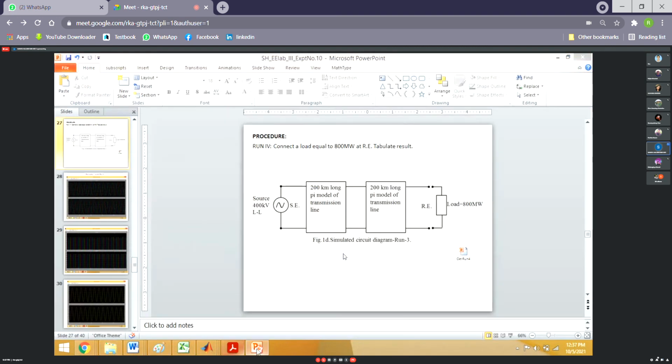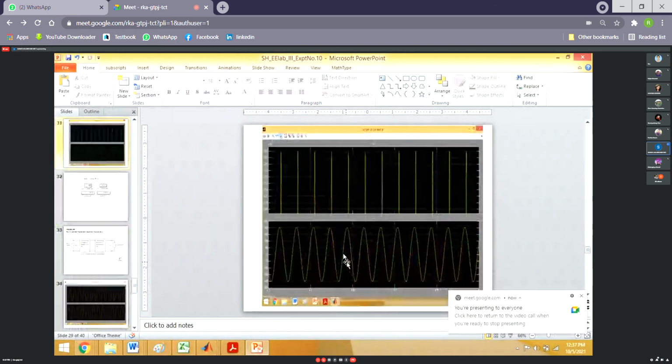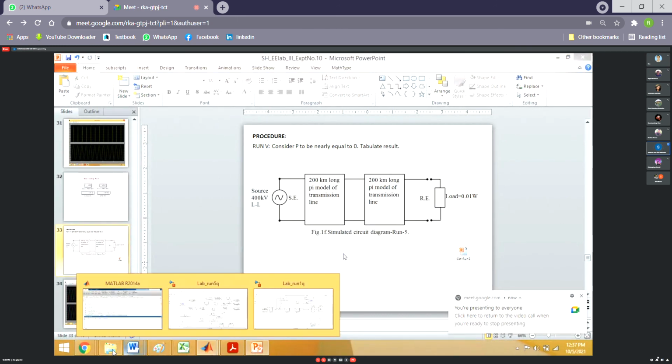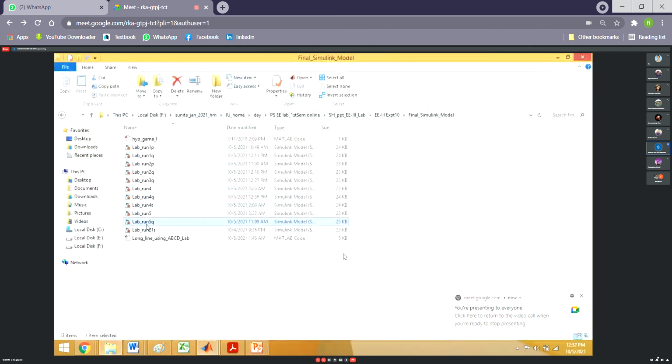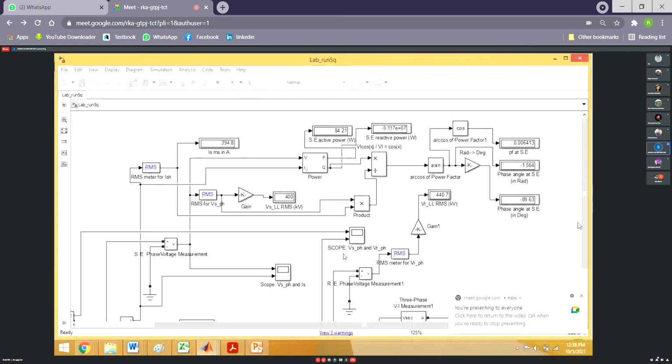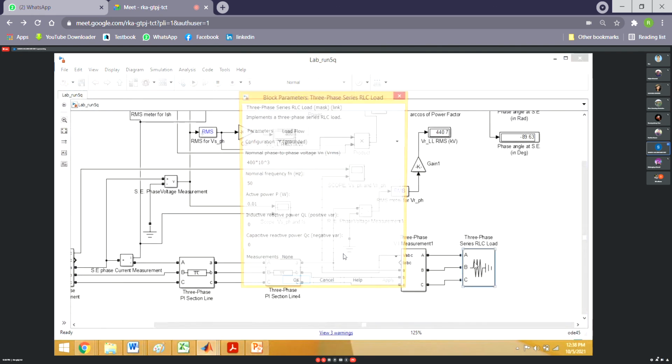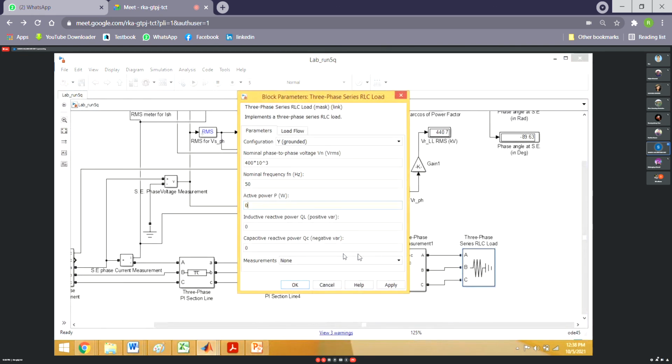Now next is run 5. So all these things I have shown you. Run 5, consider P equal to 0 and tabulate the result. So we have to consider the no load condition. Now we shall make load equal to 0, is it not? But if you make this load 0, it will show you the error.